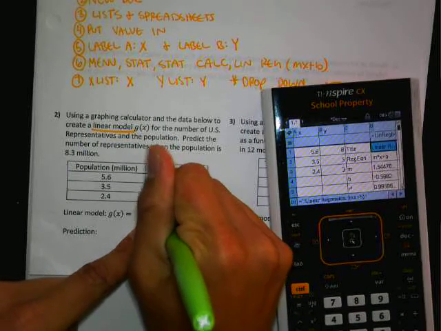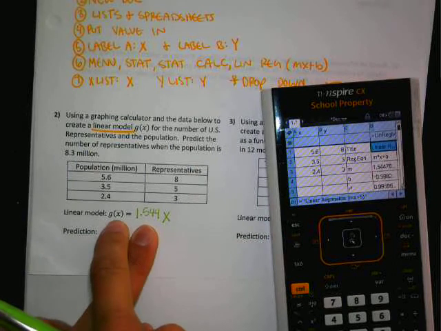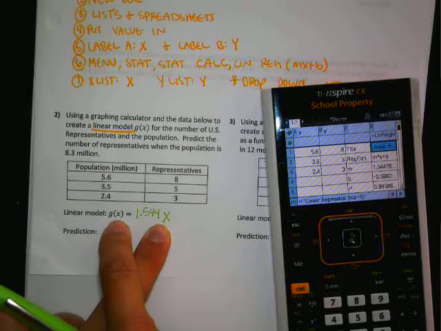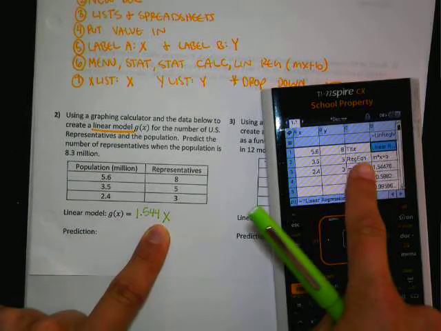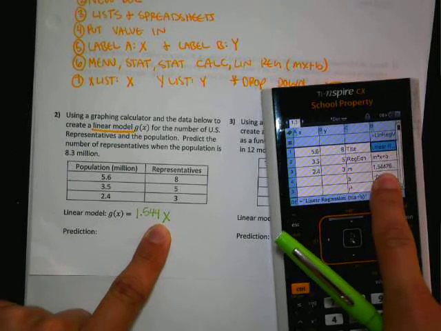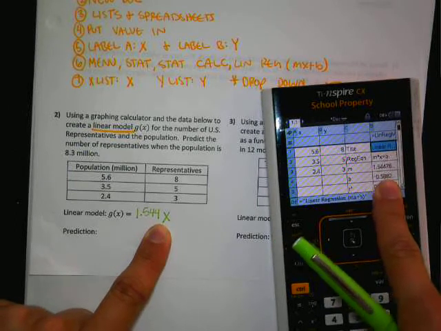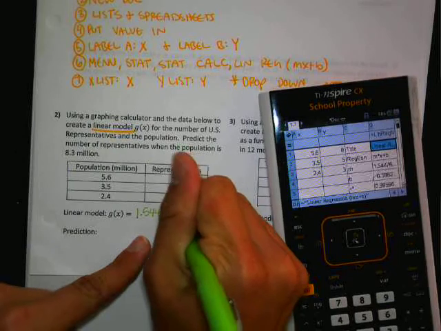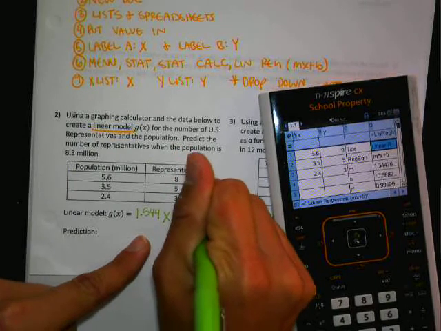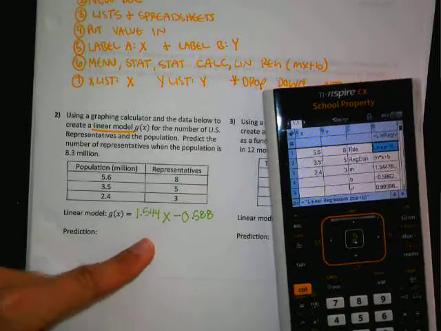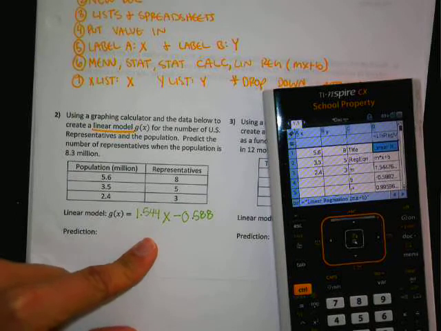I'm going to use X because it uses X right here. So 1.544X. And then because this is negative, we'll do minus 0.588. And that's my linear model. Does that make sense?